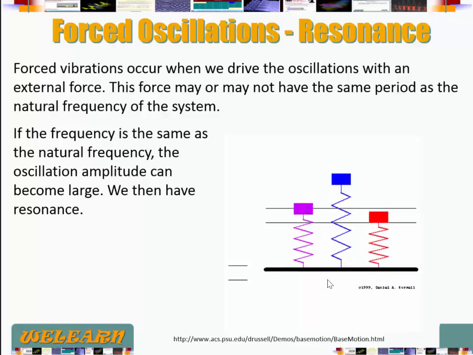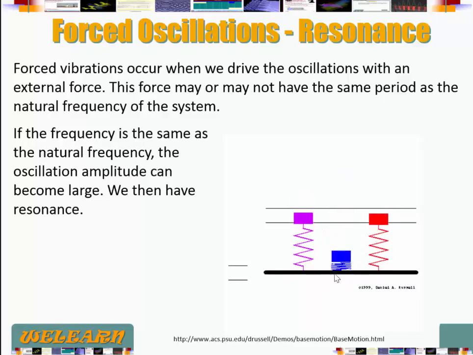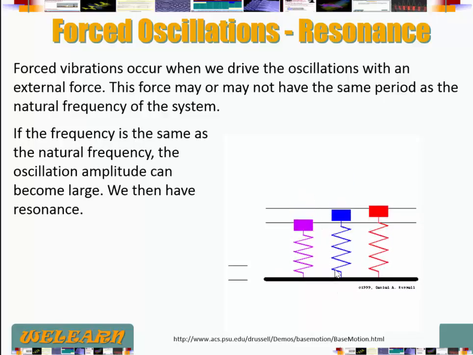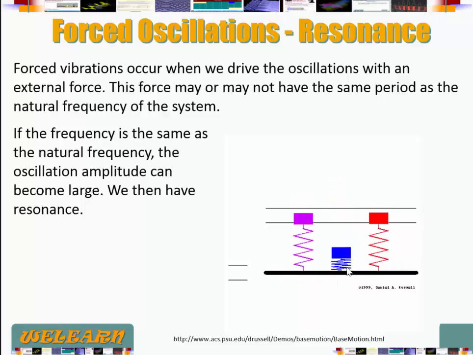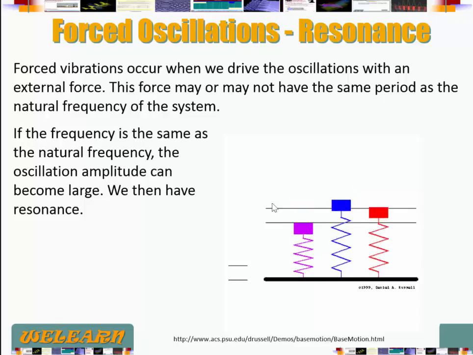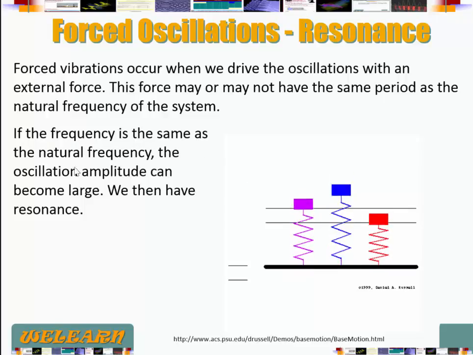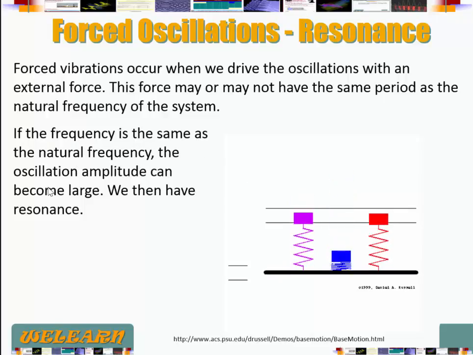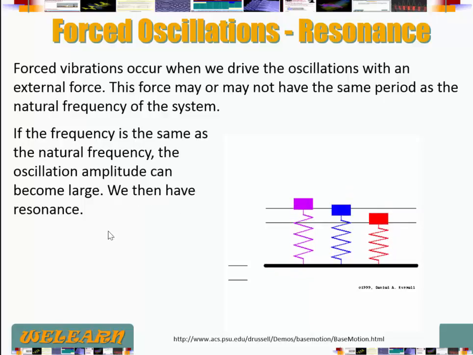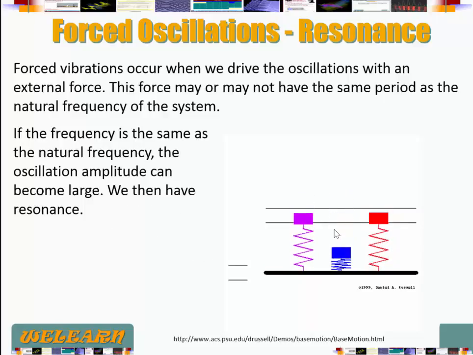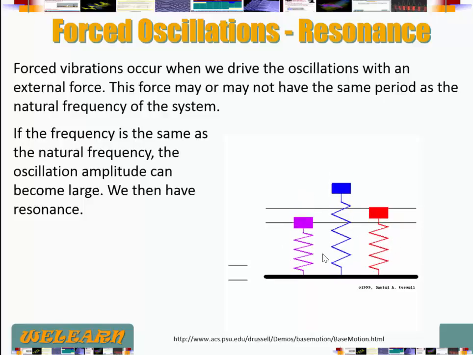The external oscillation, or the force vibration, has the same frequency as the blue one, but not the others. If the frequency is the same as the natural frequency, then the oscillation amplitude can become large and we have what we call resonance. That's what's happening for the blue one, but not for the other 2.